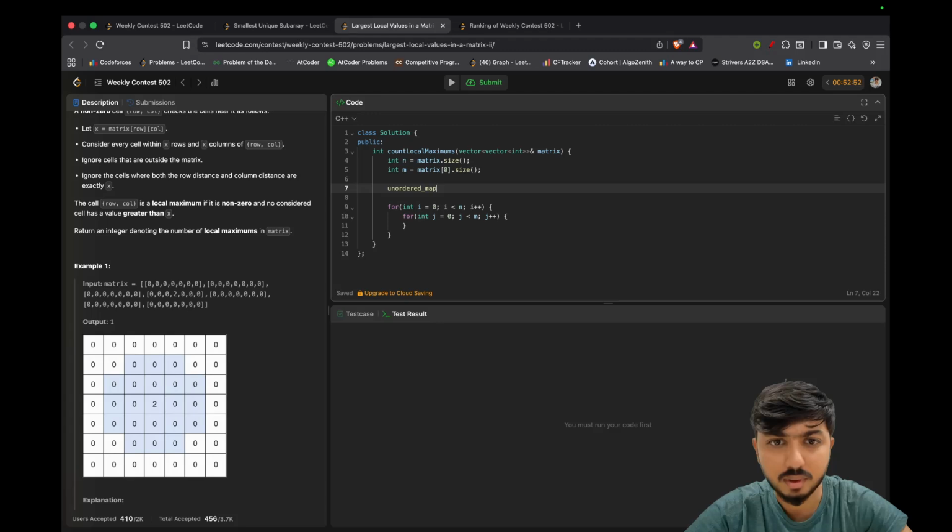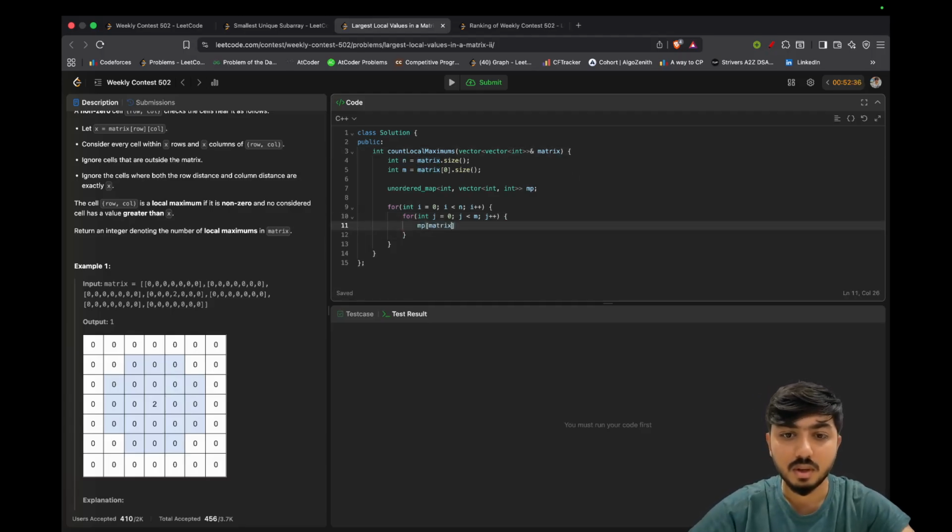an unordered map of int comma vector of pair of int comma int, mp. mp of matrix of i comma j dot push back i comma j.